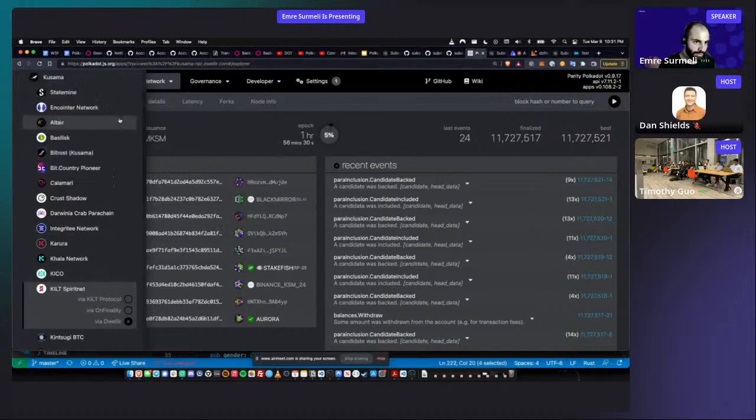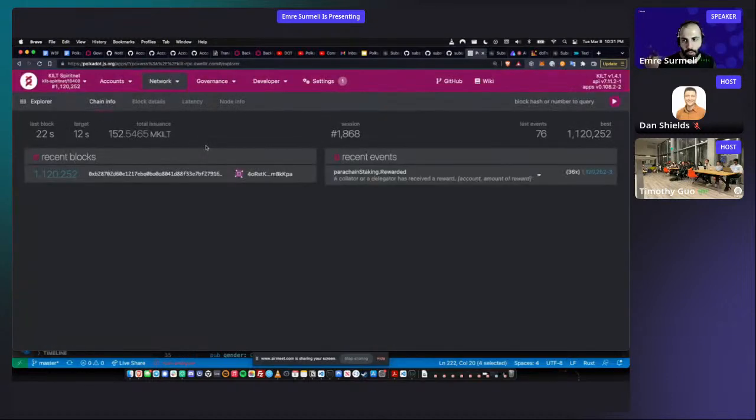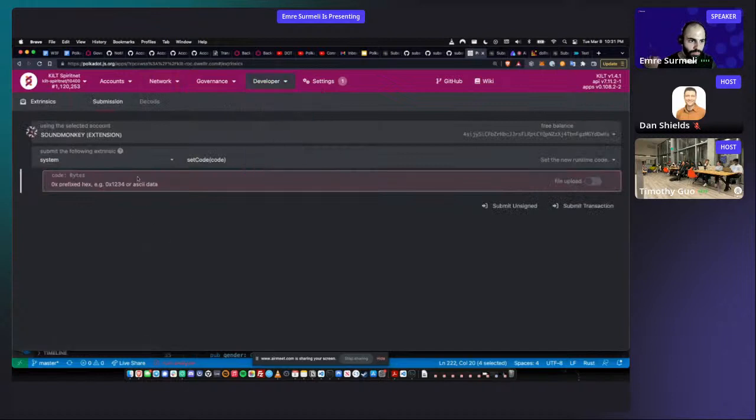So Kilt is an identity chain. So if you were to maybe develop an identity decentralized application that uses Kilt, it would be very simple to just go to the Kilt tab, go to the developer tab, check out some of the abilities that Kilt allows us to have.